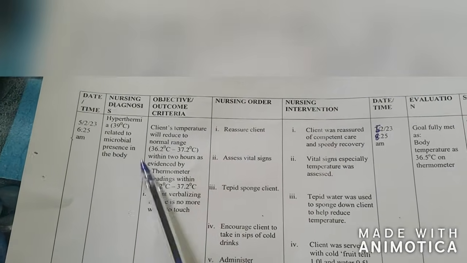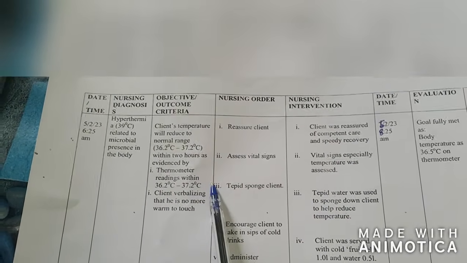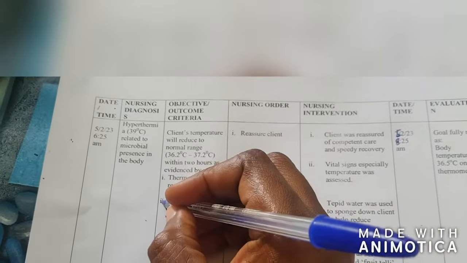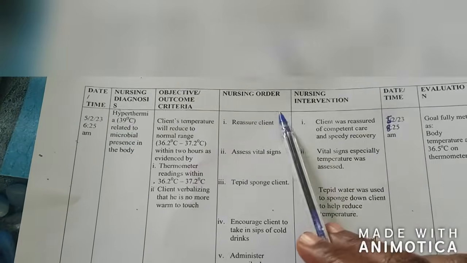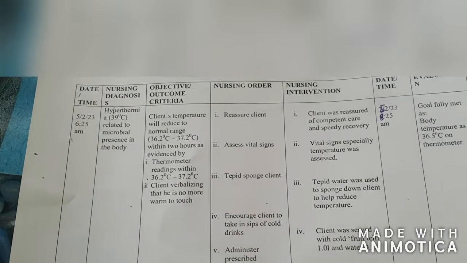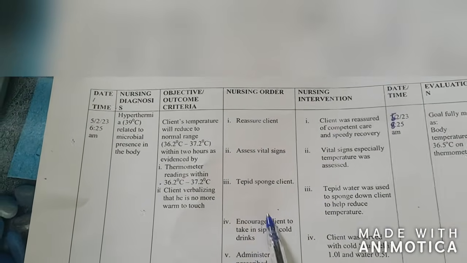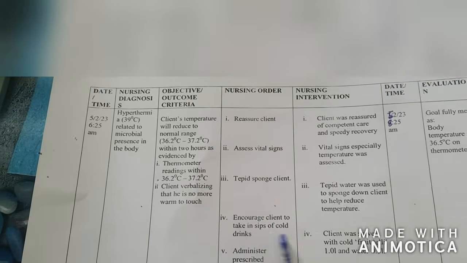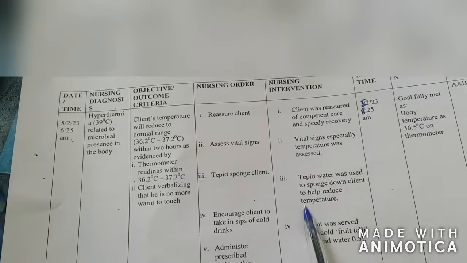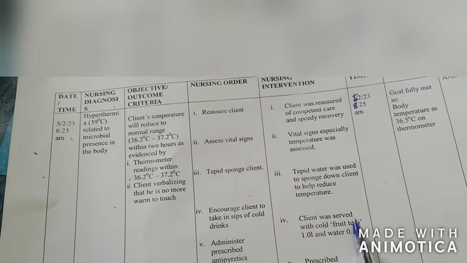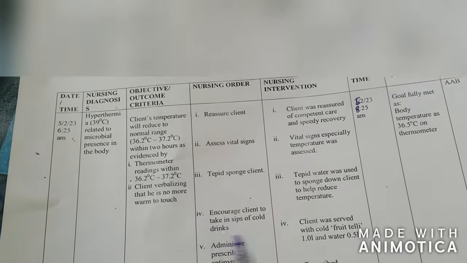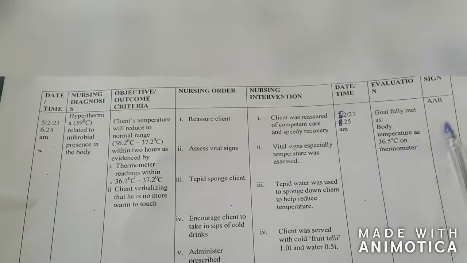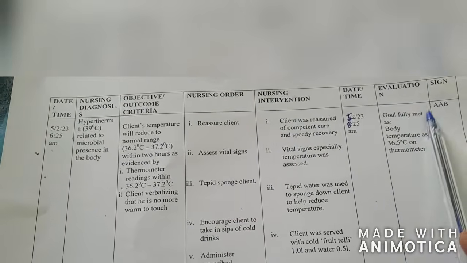And this is the objective and outcome criteria that the nurse said patient will have at the end of the care. And these are the nursing orders. Here we can have examinable tasks, and they should be 4 or more. And these are the nursing interventions, which have more words than the nursing orders. And this is the time for evaluation, this is the evaluative statement, and this is the nurse's signature.